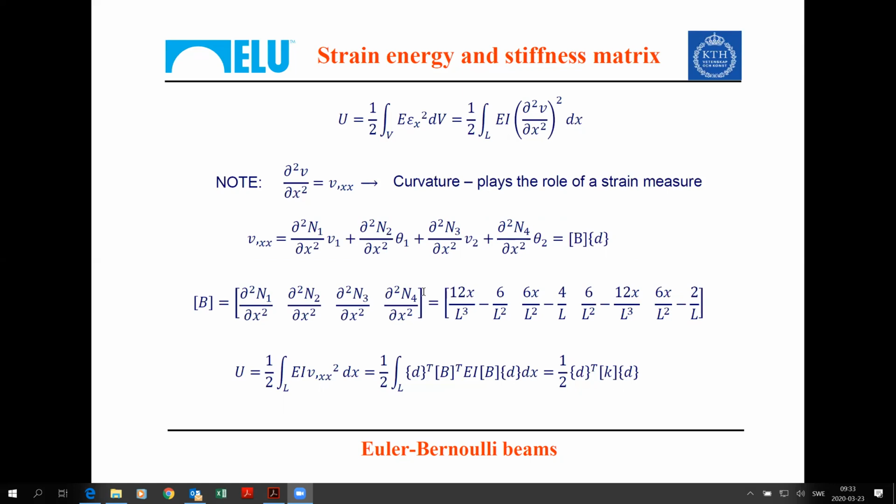If we perform the integral over the cross-section area, then what we will obtain is the second moment of inertia of the beam, I. So this is equal to 1/2 an integral from 0 to L, so over the length of the element, of EI, E Young's modulus, I second moment of inertia, times d2v dx2 squared.